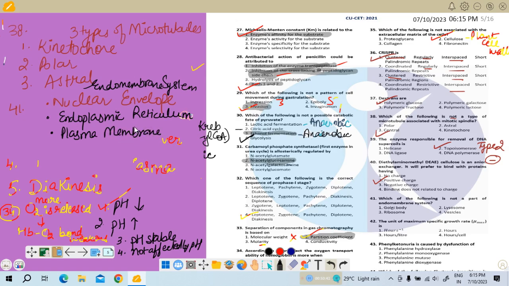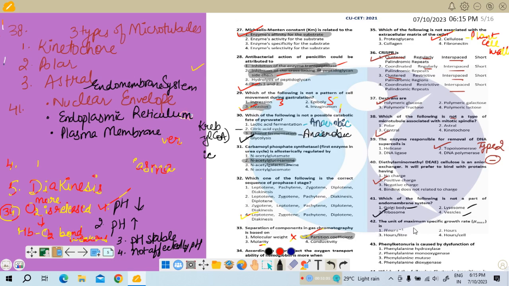So here we have Golgi body, lysosome, vesicles. Golgi body, lysosome and vesicles. Okay, ribosome is not there.